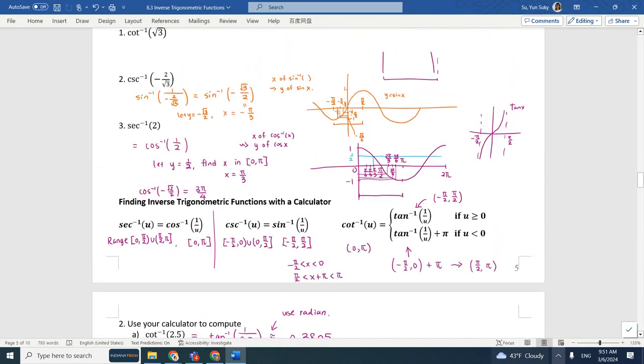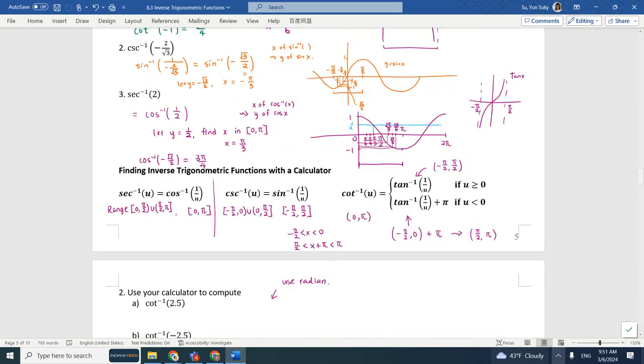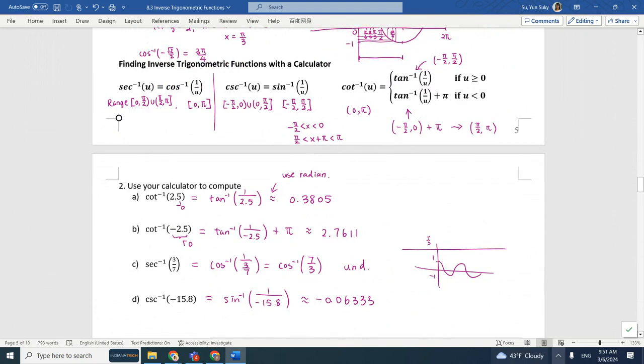Without a calculator, you need to express in terms of arc sine, arc cosine, arc tangent, and arc cotangent, and then use the graphs of the sine, cosine, tangent, cotangent, set the y values, and find the corresponding x values. And when I ask you to use your calculator, then you just use the formula and put it into your calculator.